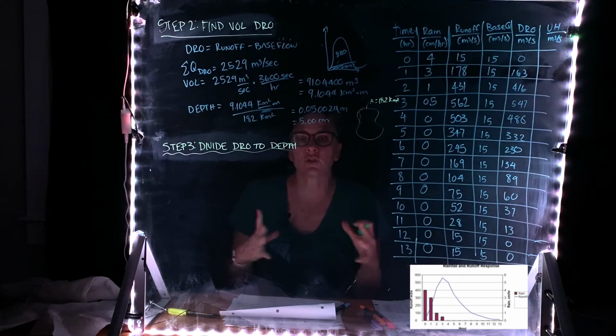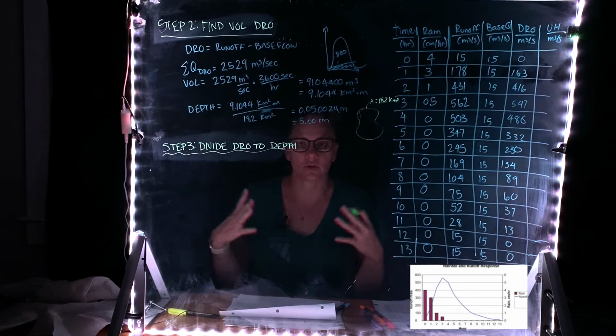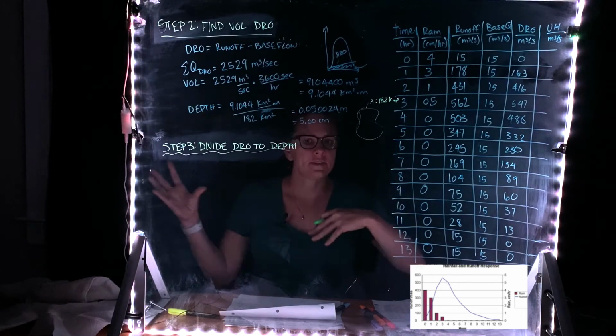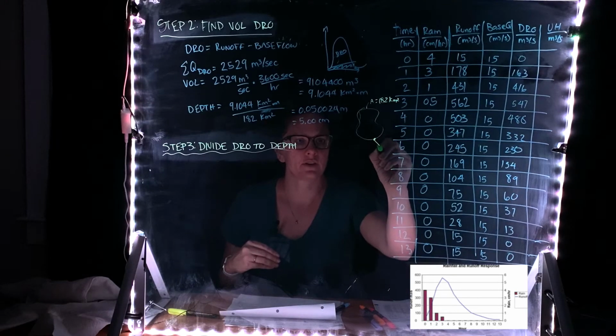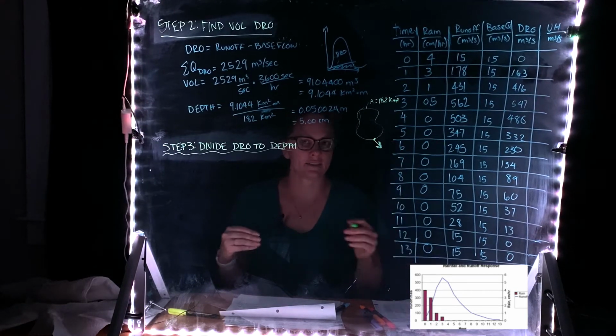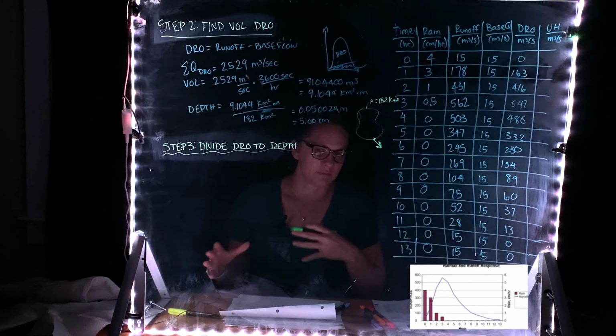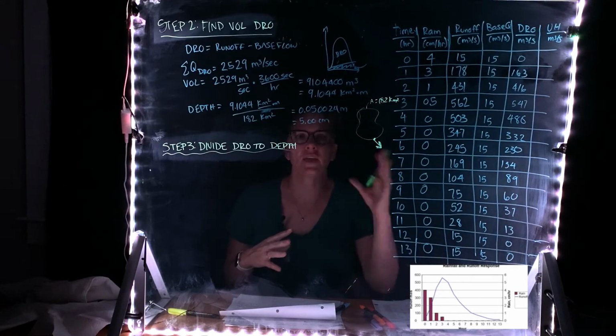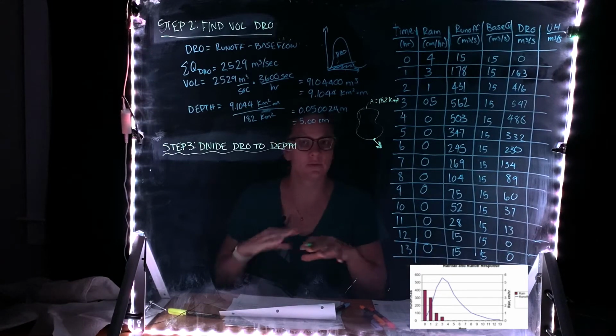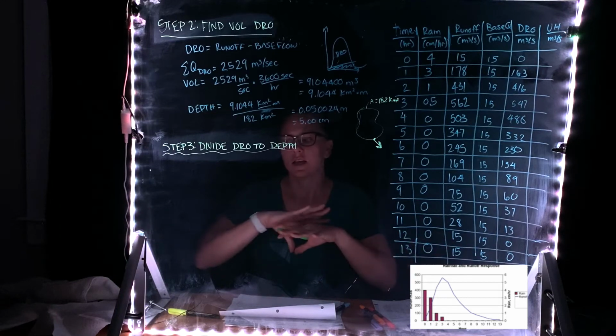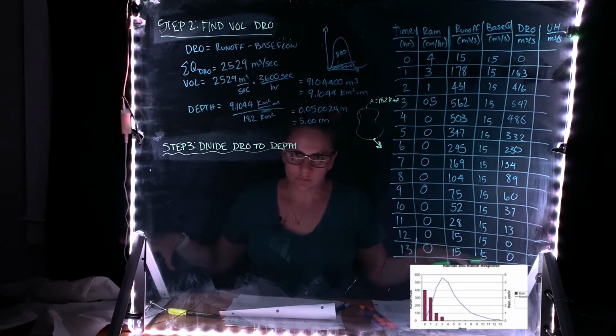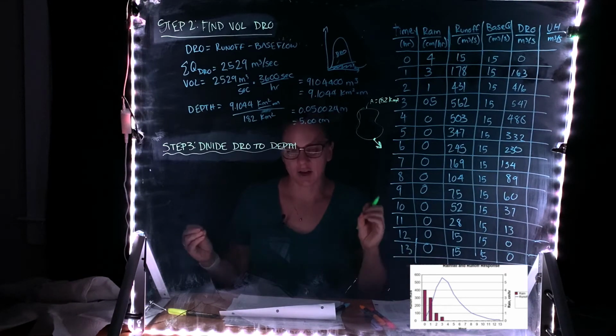Of course that's not what happens. This is not a pool or a bathtub. Instead, it's draining out of whatever outlet it has and moving downstream. But that's what this 5 centimeters means: the excess rainfall would cover this entire watershed.